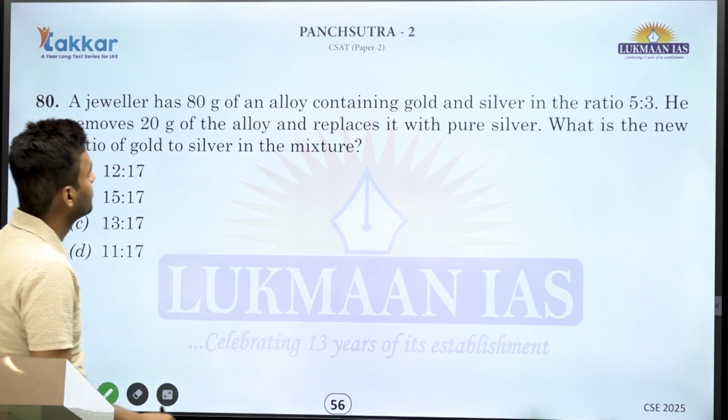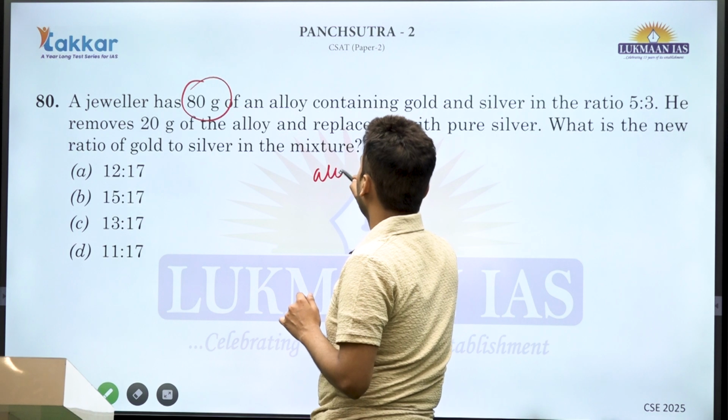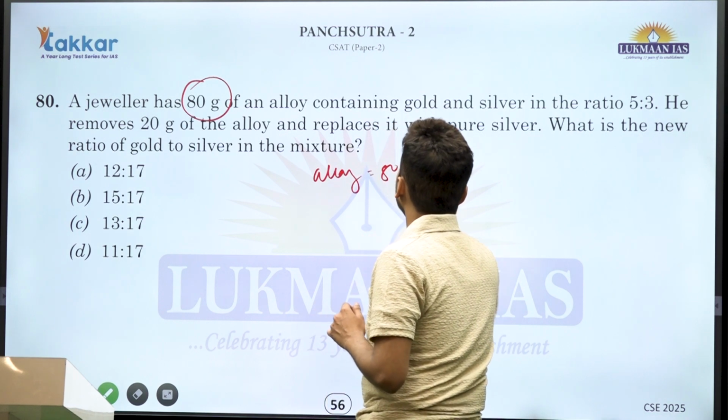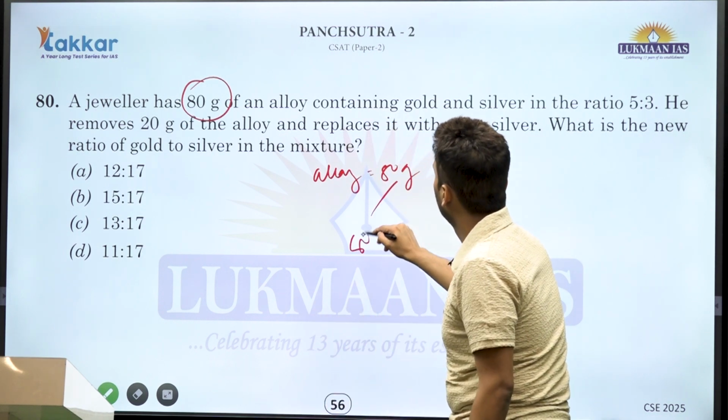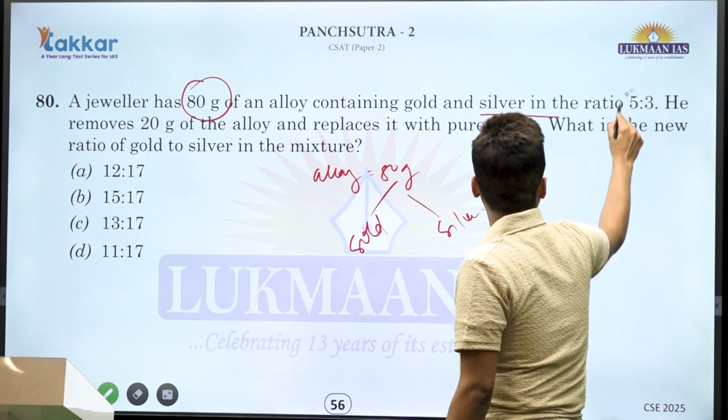A question on mixture. There is an alloy of 80 grams. It contains gold and silver in the ratio of 5 is to 3.